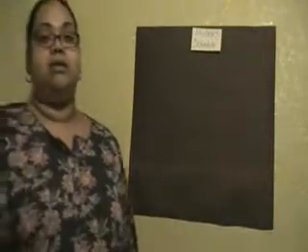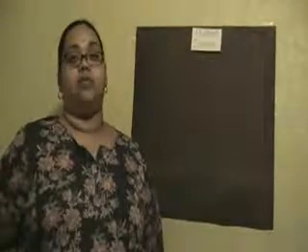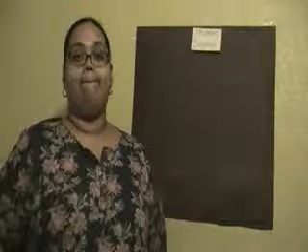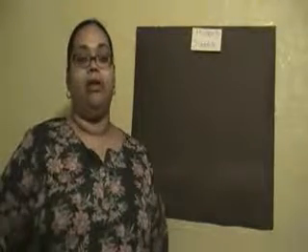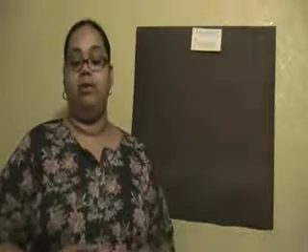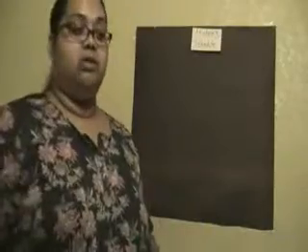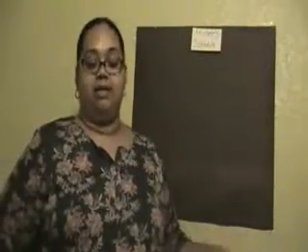So what are some things that you think belong on a schedule? Yeah, the time, the activity you're doing, things like that. So the time that it begins, the time that it ends.